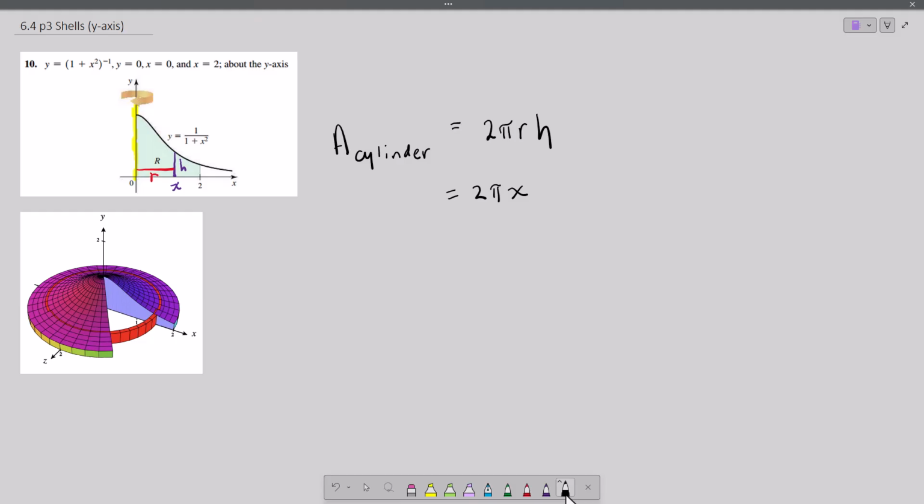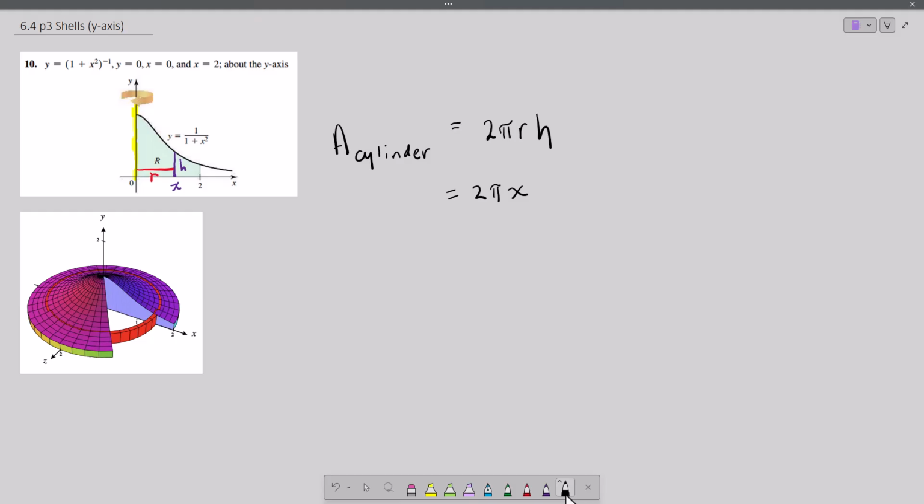That's the radius. The radius is just x. If you look at that purple element right there, the distance it is from the axis is whatever the coordinate is at the base of it. If you're at 2, you're 2 units from the y-axis, that's your radius. If you're at a half, you're half a unit from the y-axis, so that's your radius. If you're at x, you're x units from the axis of rotation. So r is just x.